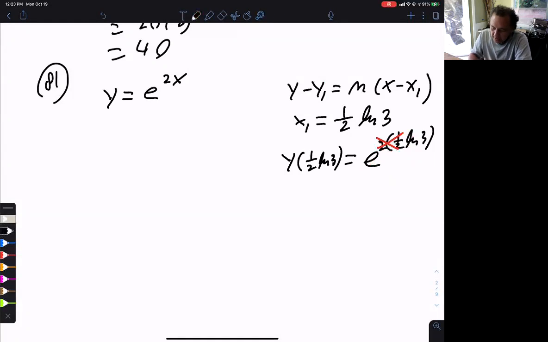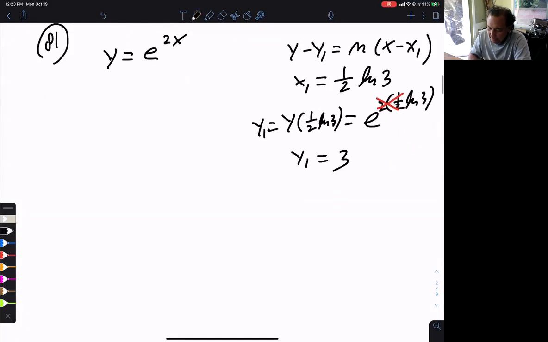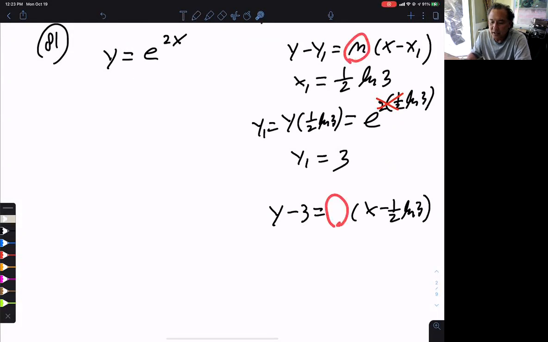So we know that y1 equals 3. So look what we have already. We have almost all of our function. Y minus 3 equals m times x minus 1/2 ln 3. All we have left is we need to know the slope. What tells us the slope of the tangent line? Does anybody know?